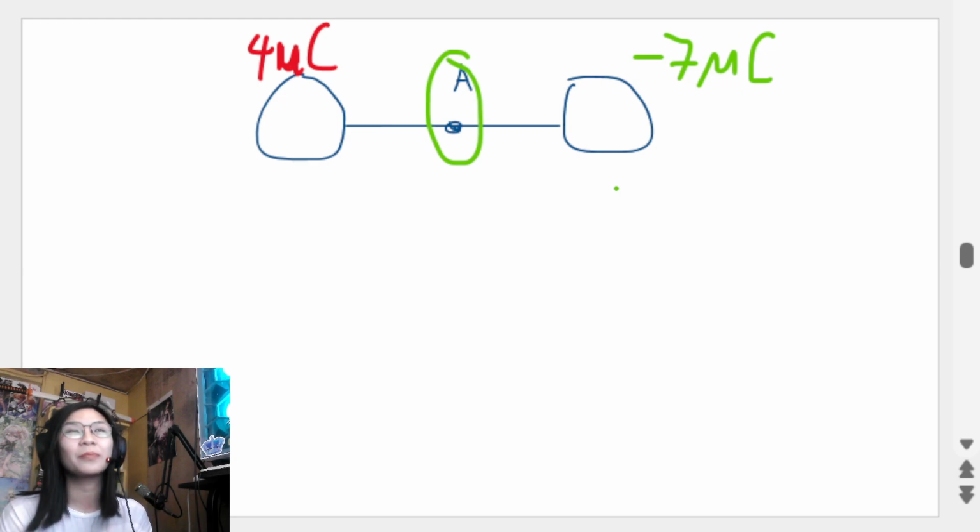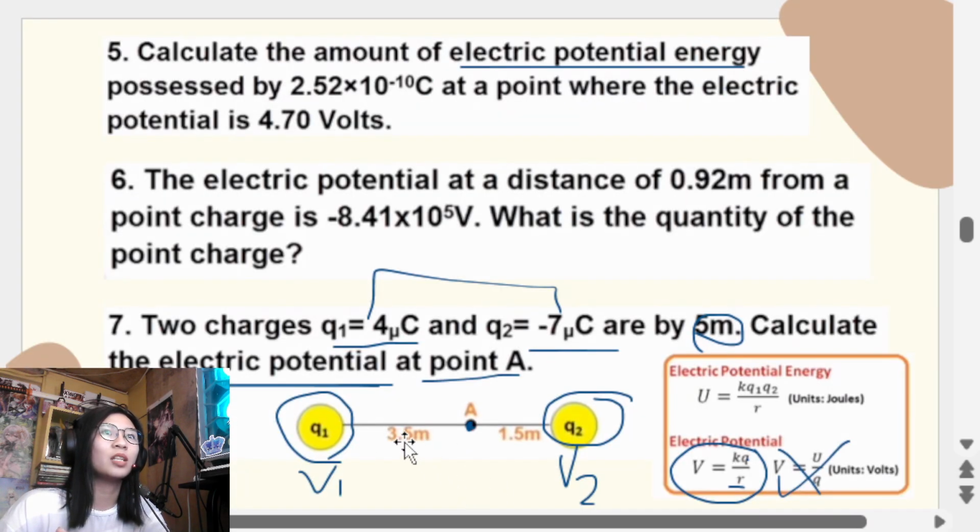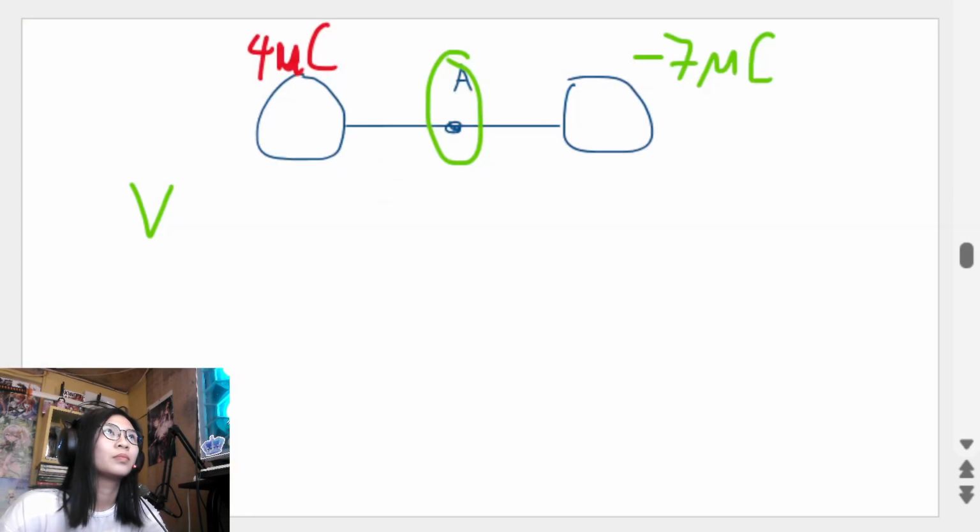Okay? So Q1 is 3.5 away from A, and Q2 is just 1.5.